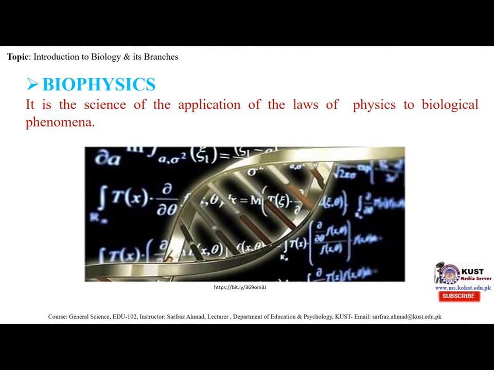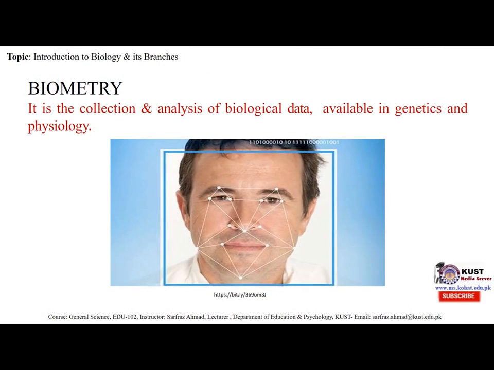Then biophysics is there. Biophysics is the study of physical phenomena and physical processes in living things on scales spanning molecules, cells, tissues, and organisms. So, biophysicists use the principles and methods of physics to understand biological systems. Then there is biometry.